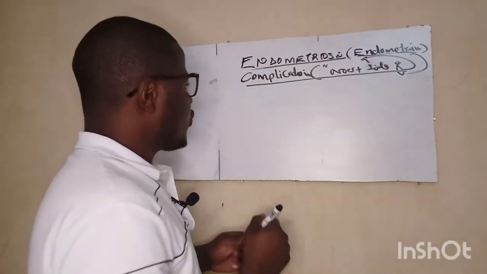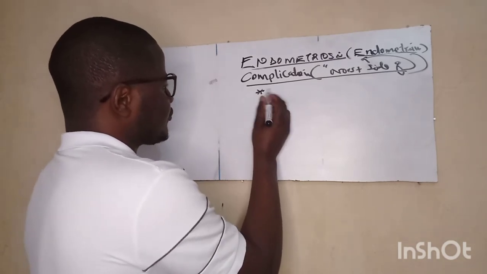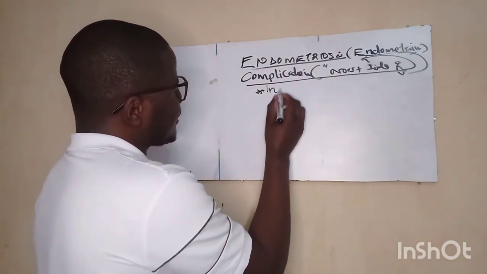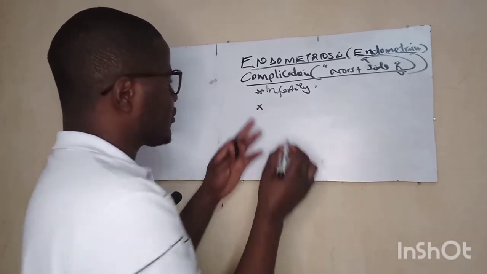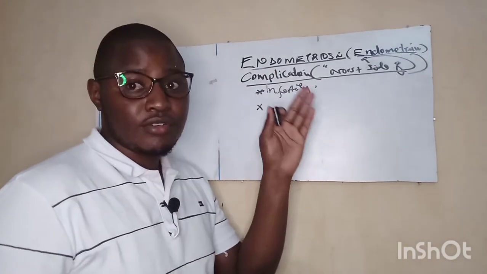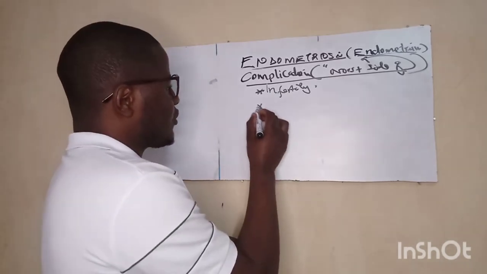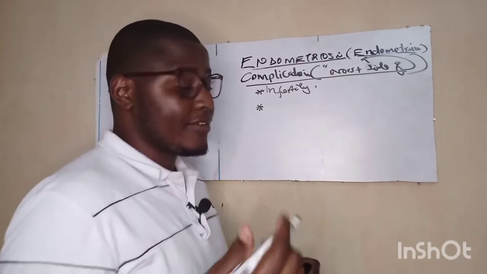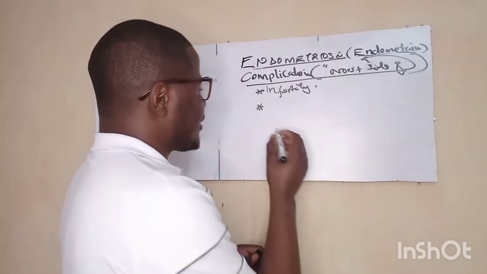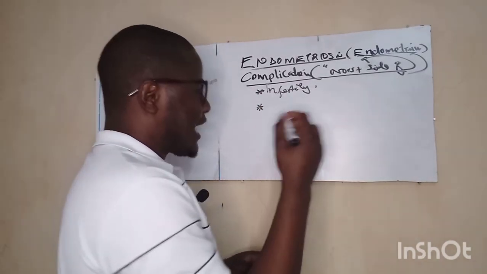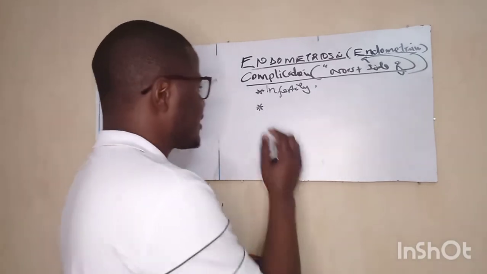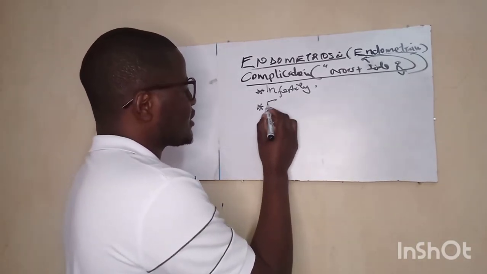So one of the complications we have is infertility, and I will get back to explain how endometriosis causes infertility. Another complication is something that we refer to as adenocarcinoma, or the endometriosis-associated cancer. This is the cancer of the endometrium.